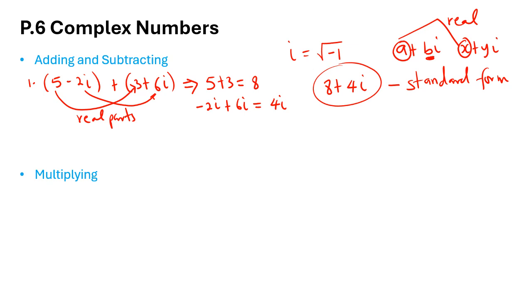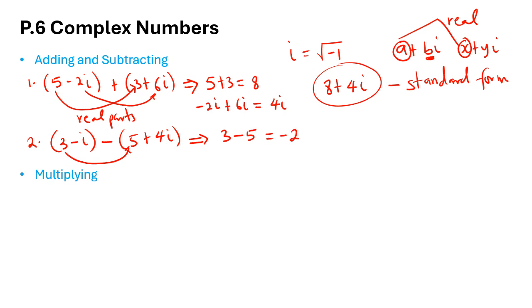and b and y would represent the imaginary parts. All right, let's do another example where we will be subtracting. Let's look at 3 minus i, then minus 5 plus 4i. I'm going to look at the real parts first. I subtract the real parts, 3 minus 5, which gives -2.